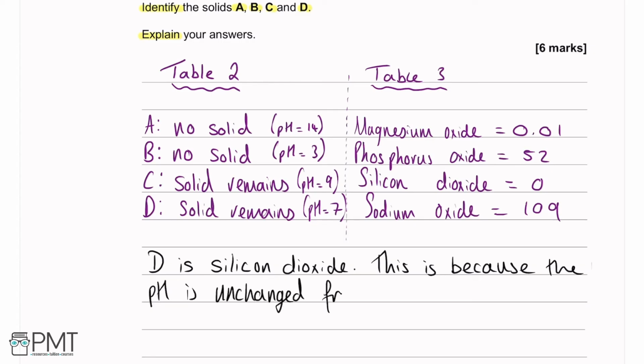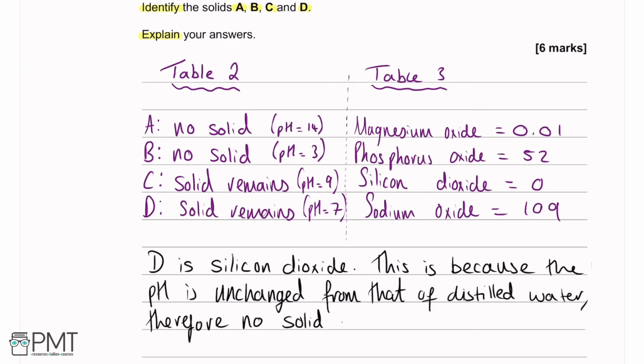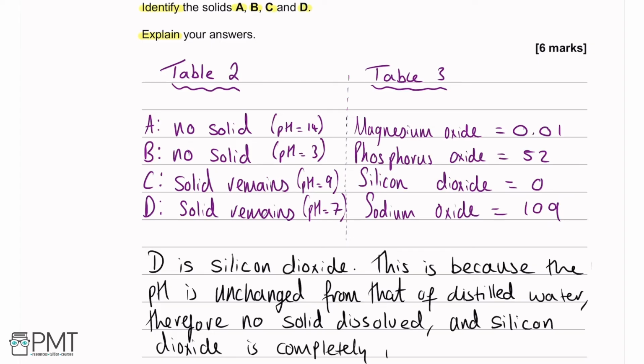And this is because the pH is unchanged from that of distilled water. Therefore, no solid has dissolved. And this makes sense because we know that silicon dioxide is completely insoluble. Okay, so because it's gone from a pH of 7 in distilled water to a pH of 7 when we've added the solid, we know that nothing has dissolved.